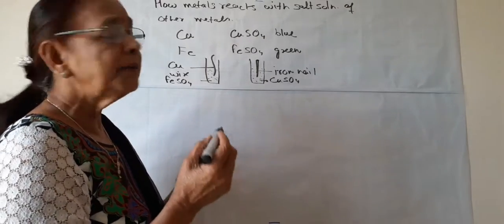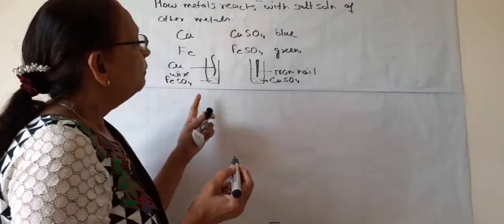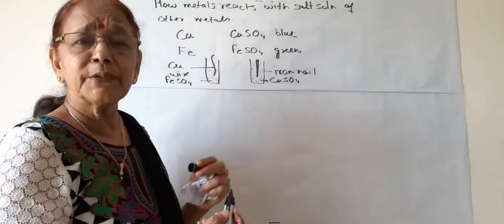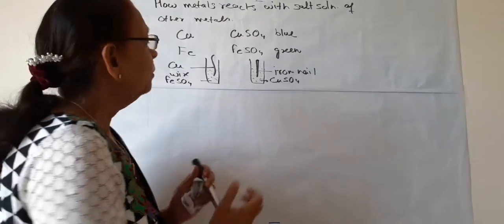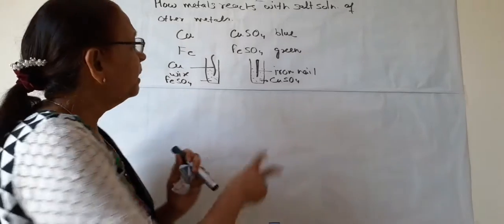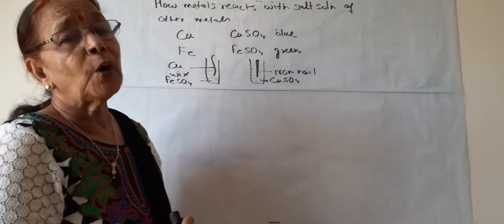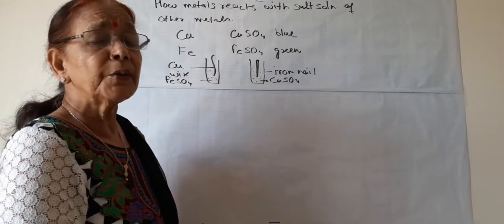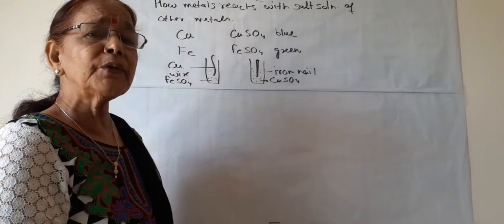After 20-30 minutes, we can see some chemical reaction in these two test tubes. We want to know whether this chemical reaction has taken place in both of them or only in one of them. And how will we distinguish whether a chemical reaction has taken place or not?